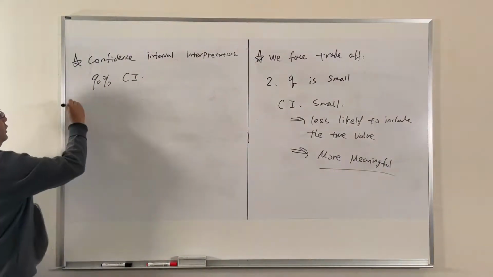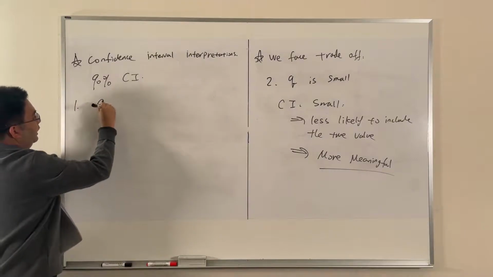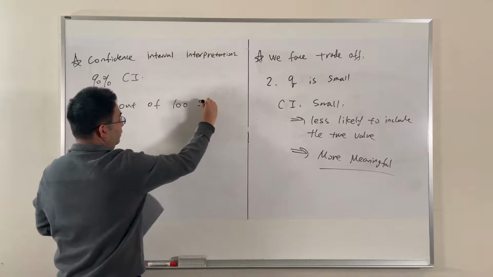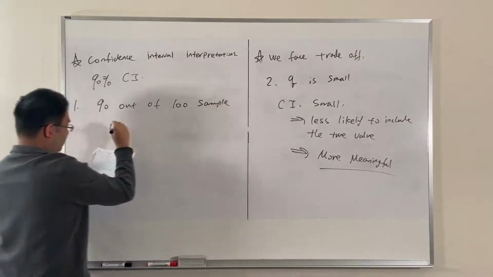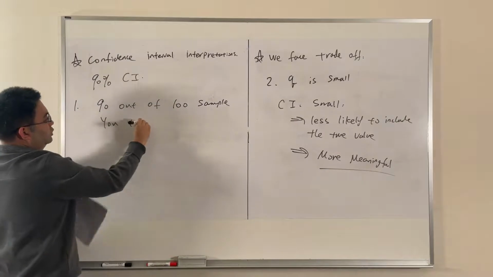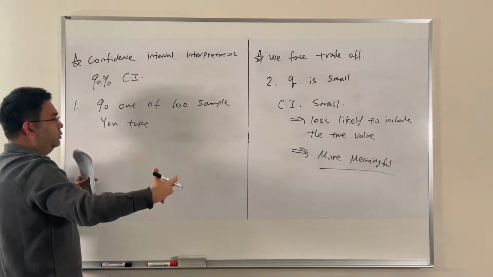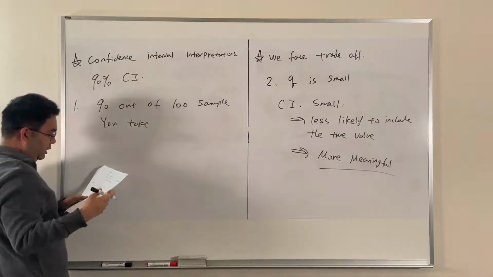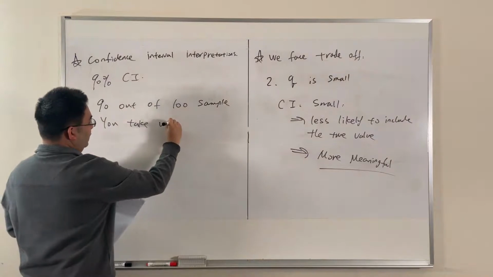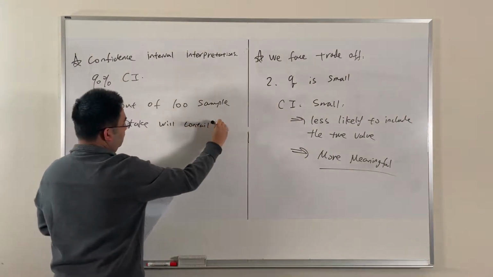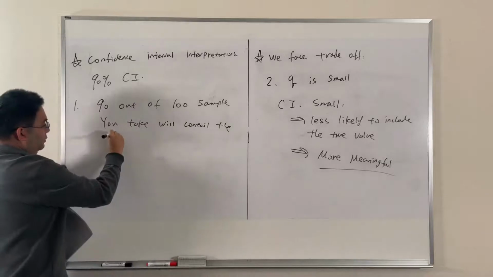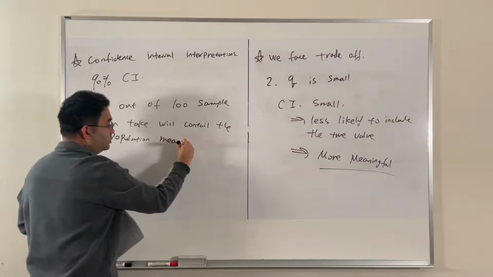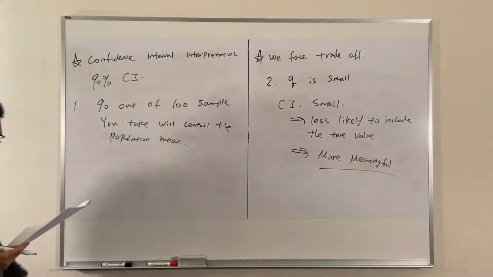The first interpretation is that if you take 100 samples and construct 100 confidence intervals, then 90 out of the 100 will contain the population mean.